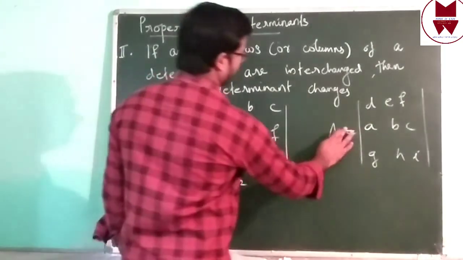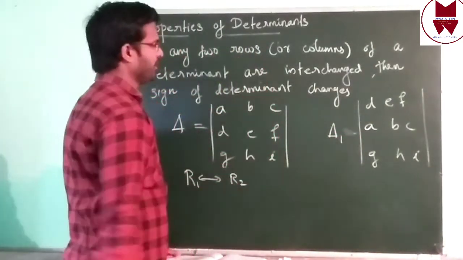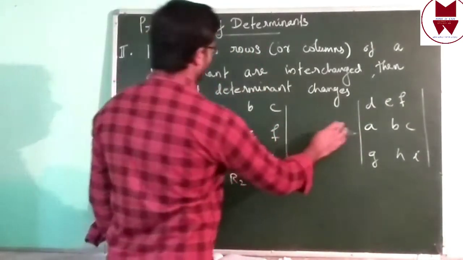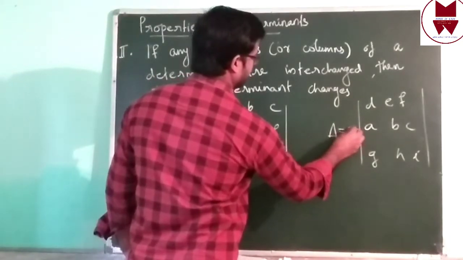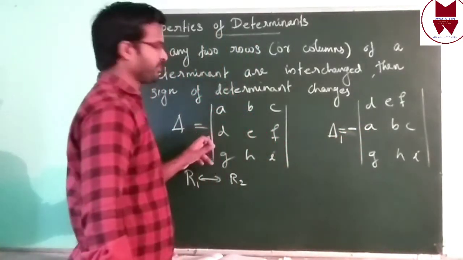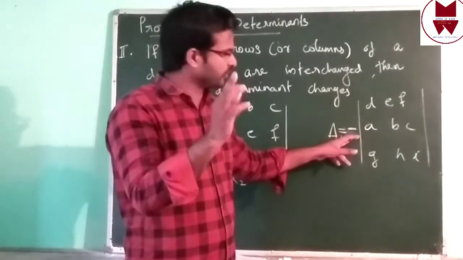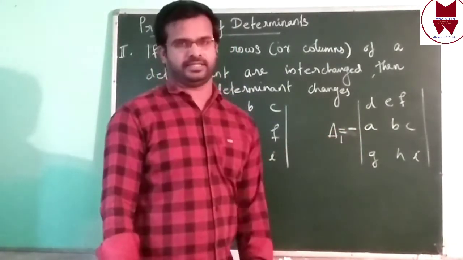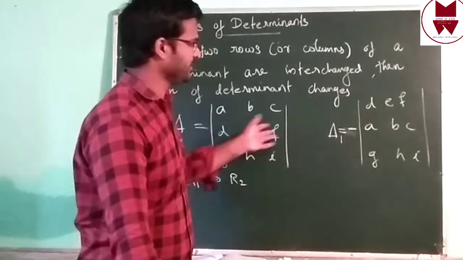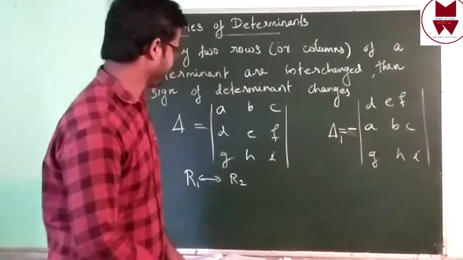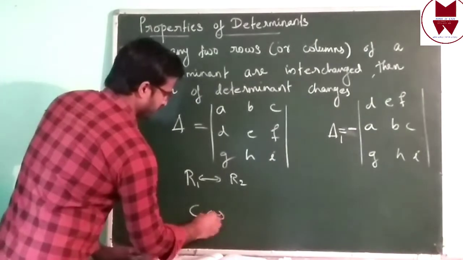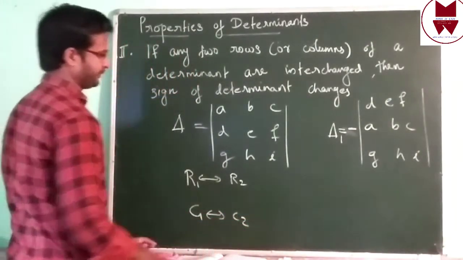What will happen then? According to our property, the sign will change. Before, it was plus; after interchanging two rows, this will be minus. Just reverse: plus becomes minus. Now C1 and C2 we are going to interchange.